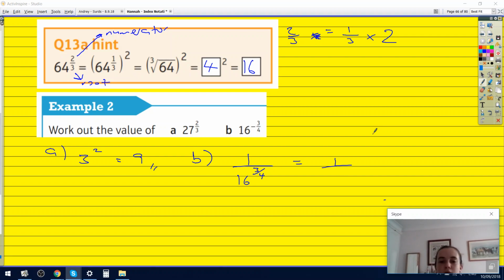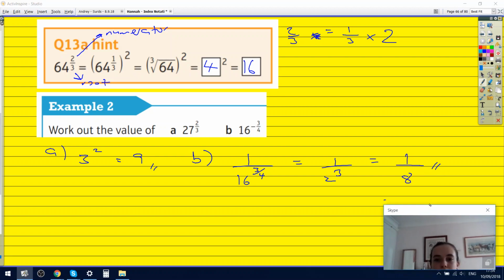Yeah, so the 4th root of 16? 2. Yeah. And then cube it. So then 1 over 8.